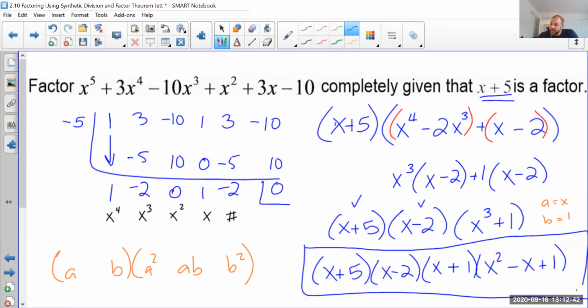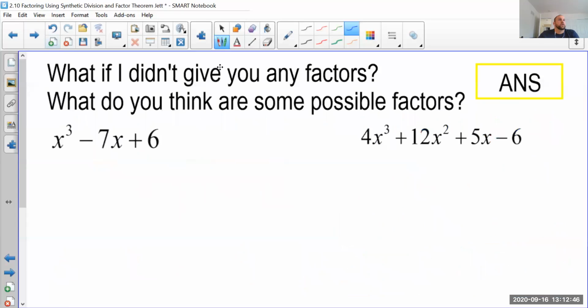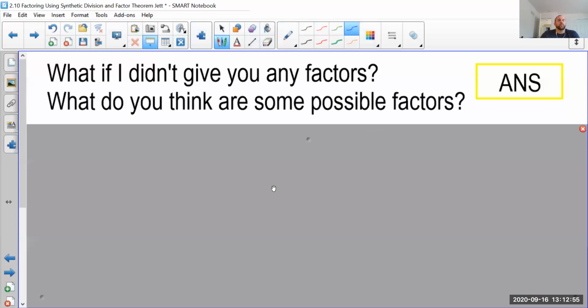Okay, the second thing we're going to look at, and we're not going to actually do these, is, what if I don't give you a factor? All right, so what if I tell you to factor a polynomial?